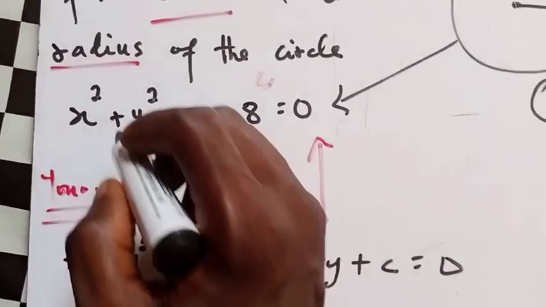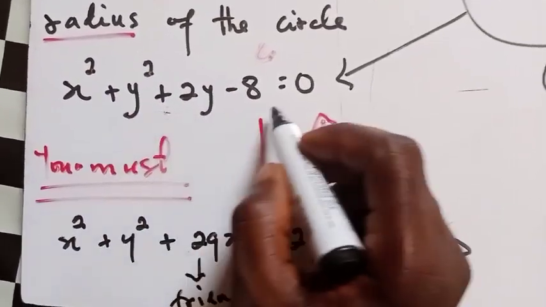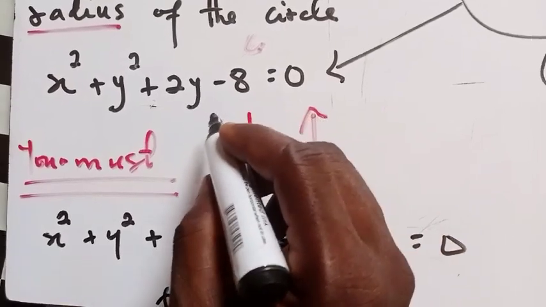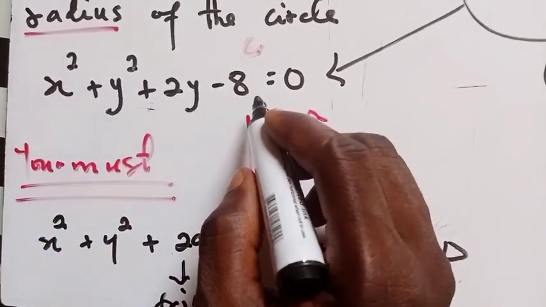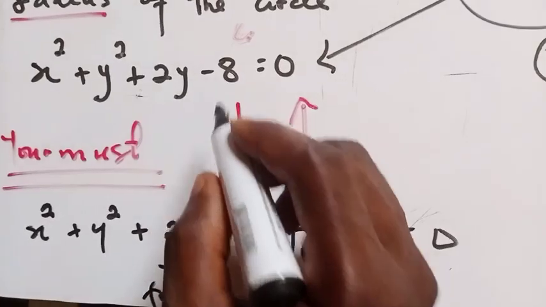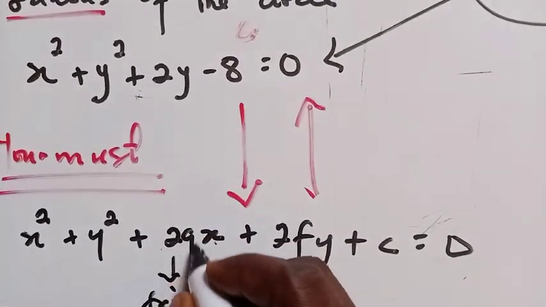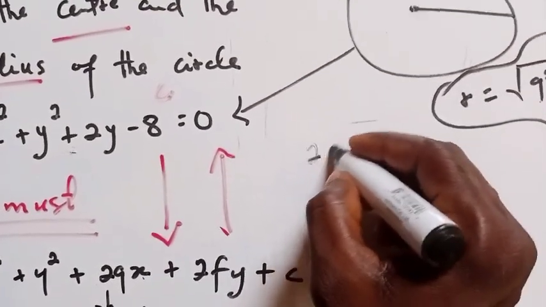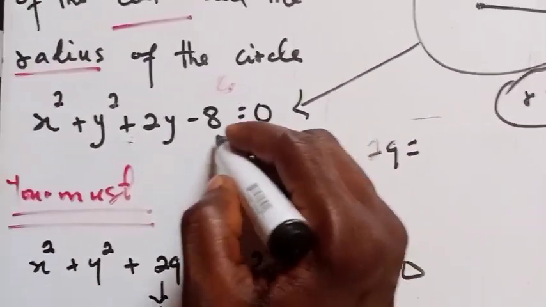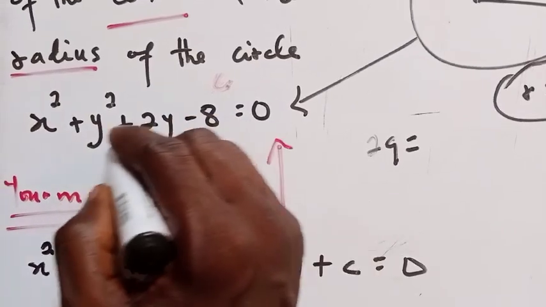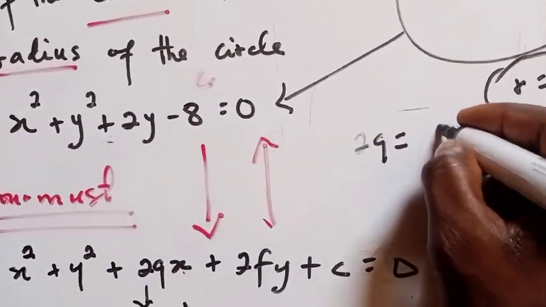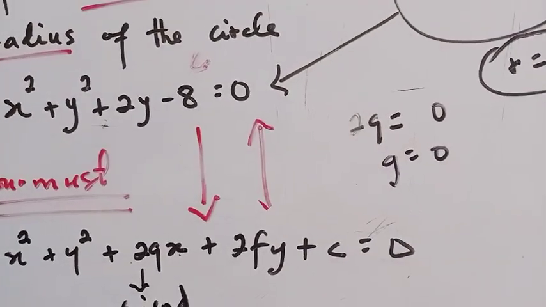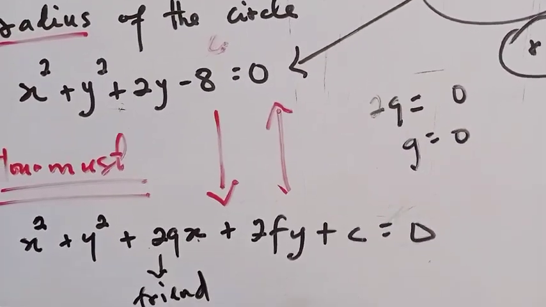Since from this equation we cannot see the x term, it is assumed that its coefficient is 0. So the friend of x from the equation given to us is 0. That means 2g equals 0, so our g is going to be equal to 0. Does it make sense? Okay, perfect.